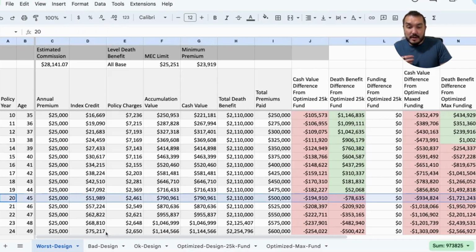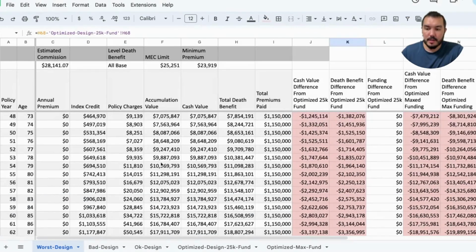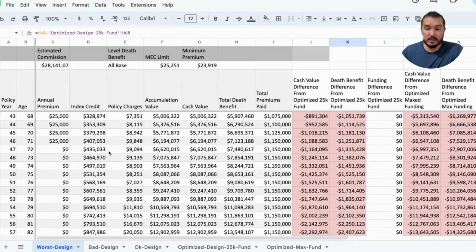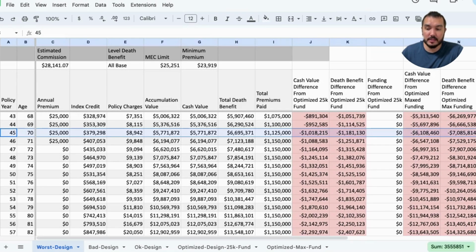So not only do you have less cash, but you have less death benefit. I don't think you're likely to die at 45, but as you approach these older years, your likelihood of dying does increase.